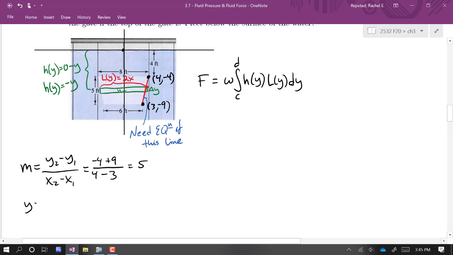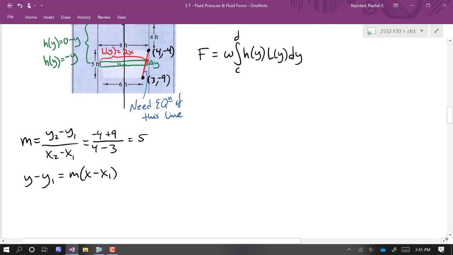I can get the equation of a line using the point slope form. y minus y1 equals m times x minus x1. So y minus a -4, y plus 4, is equal to 5 times x minus 4. So there's an equation of the line.